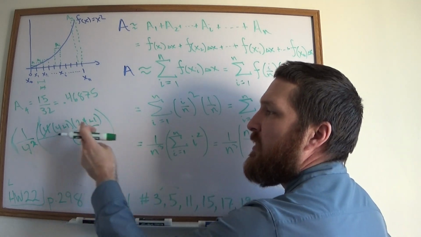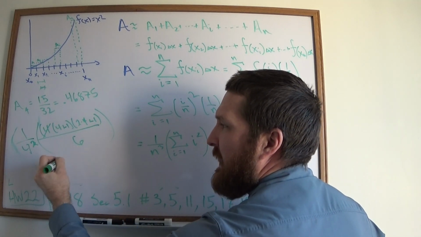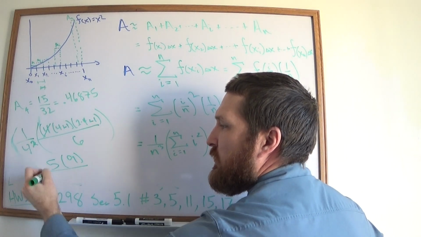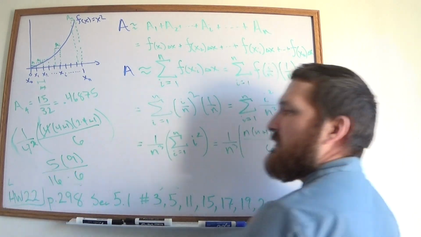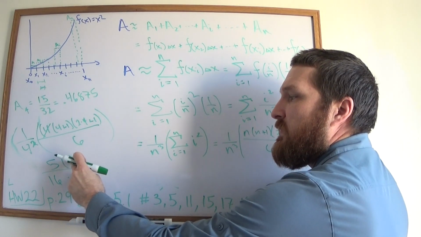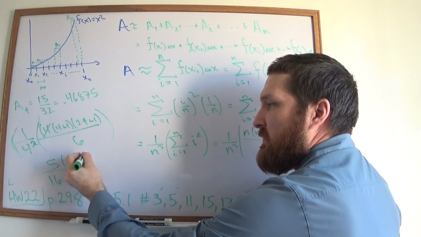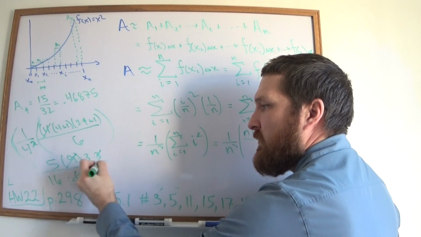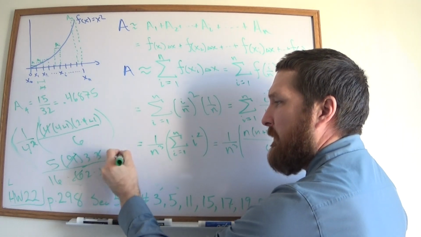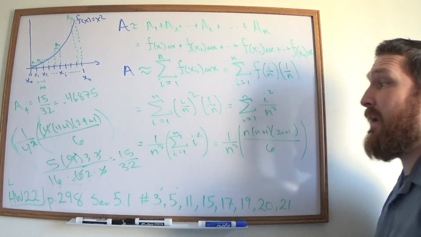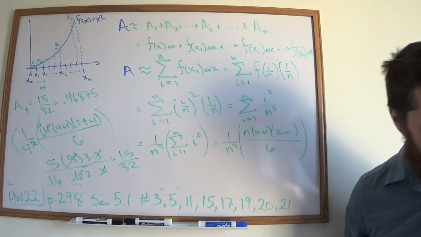So that's 5, 2 times 4 is 8 plus 1 is 9. 4 squared is 16 times 6. Did I do that right? Yeah. 9 is 3 times 3, this is 2 times 3, so those are gone. We have 15 on top over 30. 2 times 16 is 32. Hey, alright! Good, I feel good about this.